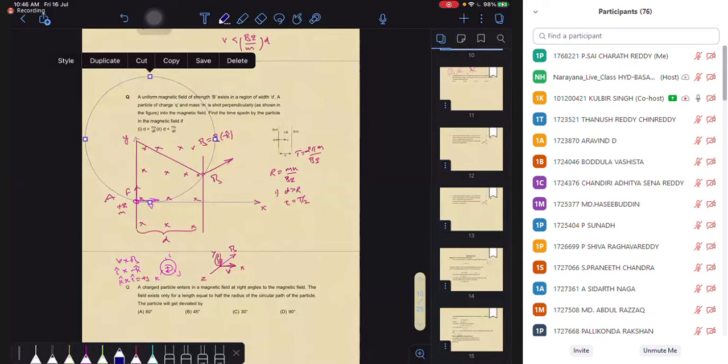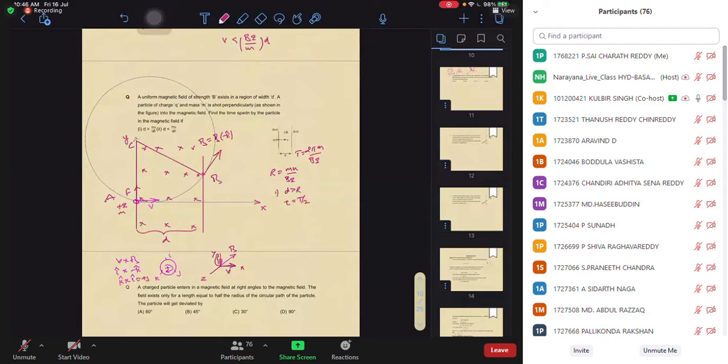In that circle, somewhere it has a center. The tangent gives me the velocity, so when it leaves, it will leave in the tangent direction, correct? And he asks how much time it is spending. So time is the time taken to cover this arc AB.